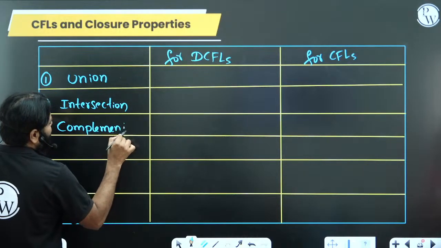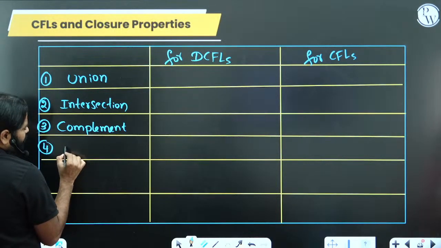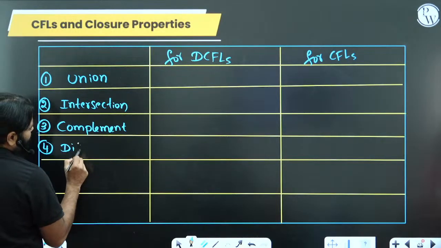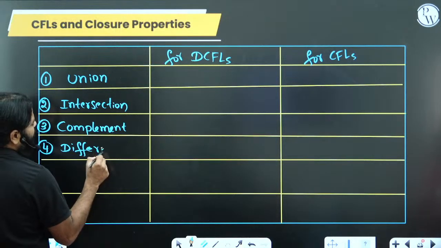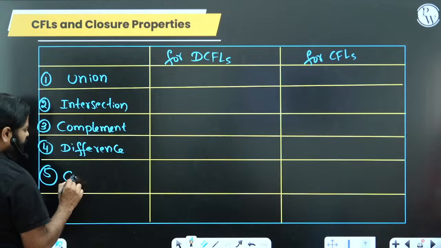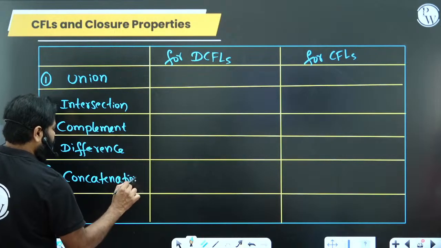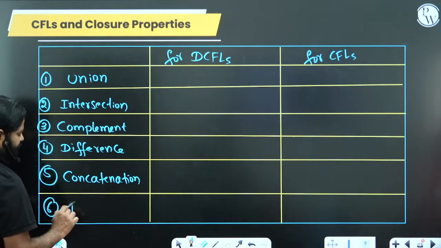The remaining depend; they may or may not ask, but the first three are always important. Then difference, which you can easily understand with the help of these two, then concatenation, then reversal.